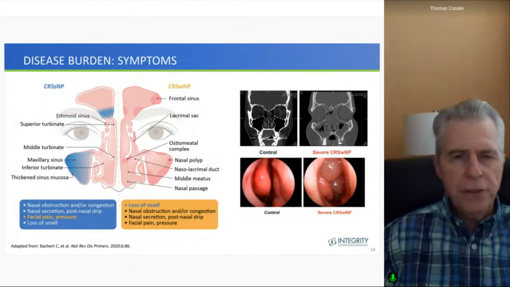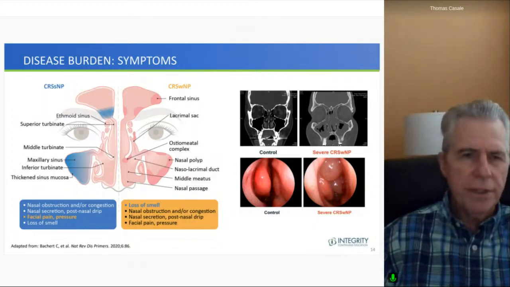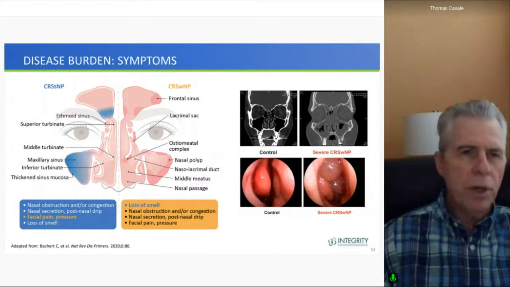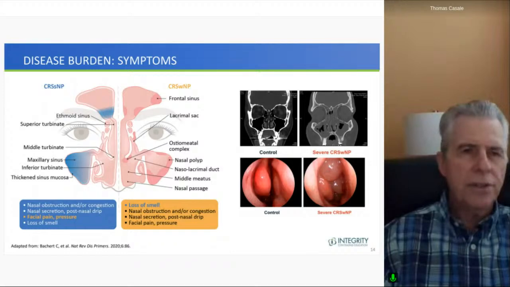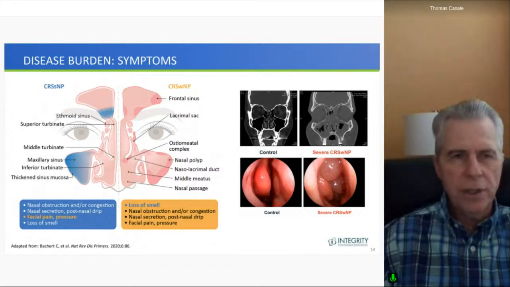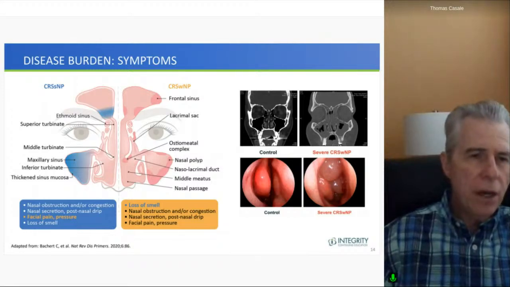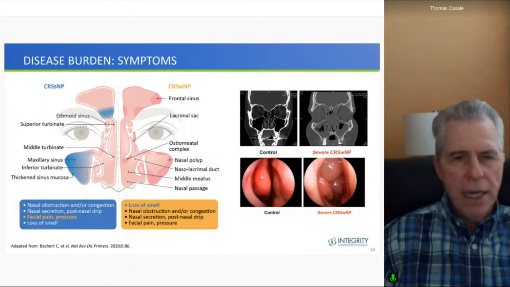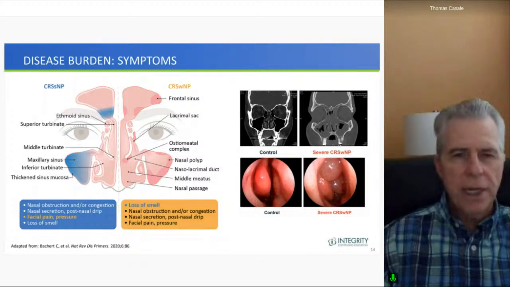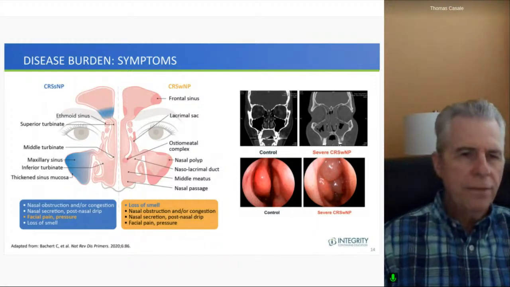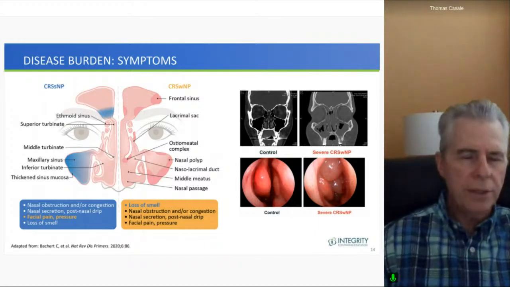They may have facial pain or pressure, but interestingly, that last symptom tends to be a little bit more common in patients with chronic rhinosinusitis without nasal polyps. They too have the other symptoms, but again, the 2 symptoms that tend to separate would be loss of smell with nasal polyps, facial pain and pressure without nasal polyps.